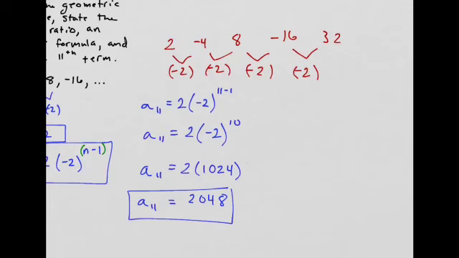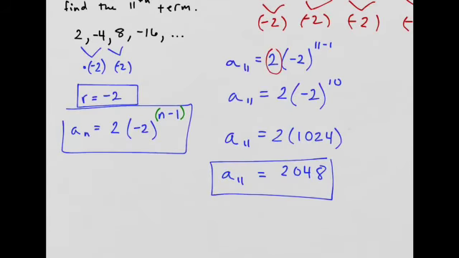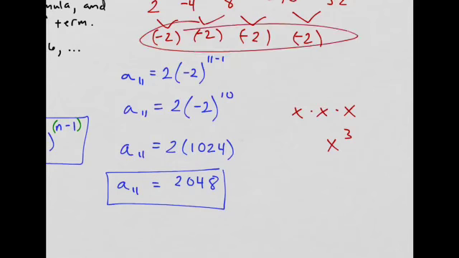Well, if I multiply by negative 2 twice, that's negative 2 squared. Do you guys see? If I do x times x times x, that's x to the third, right? Well, I'm doing negative 2 times negative 2 times negative 2 times negative 2.